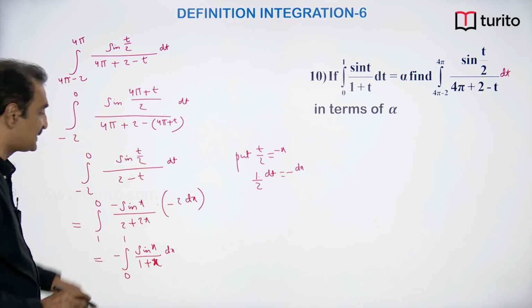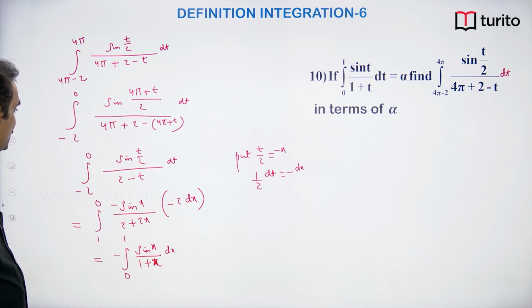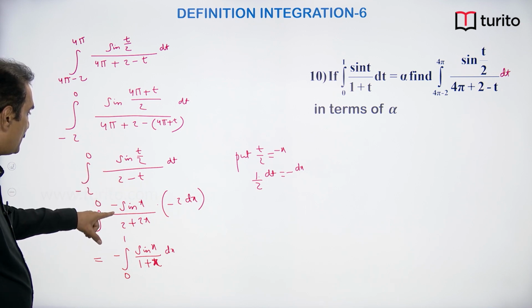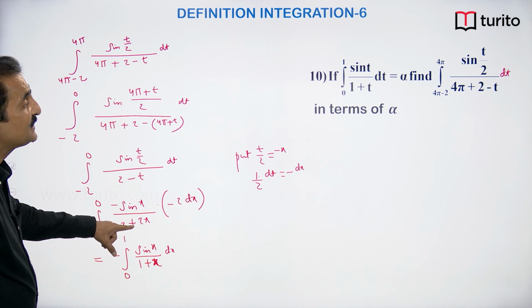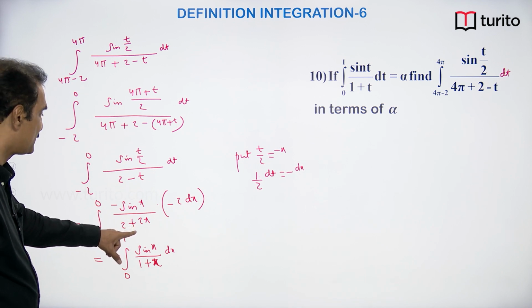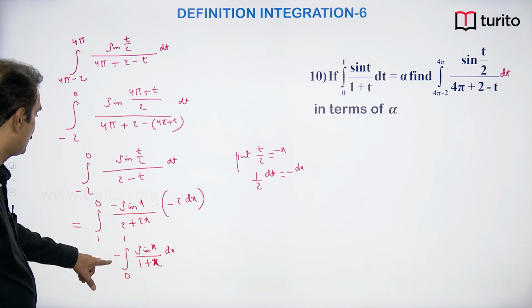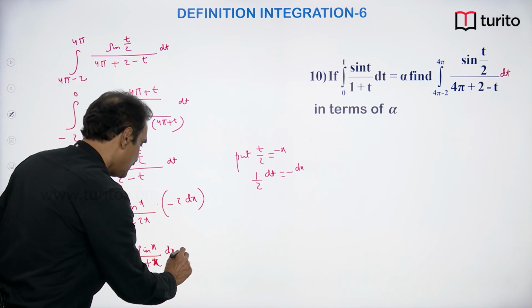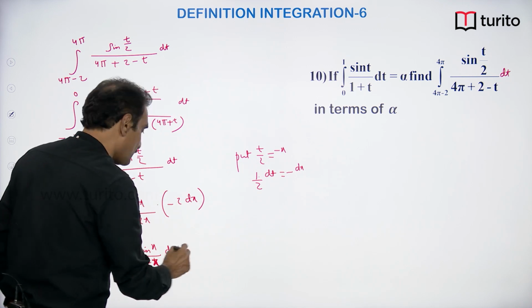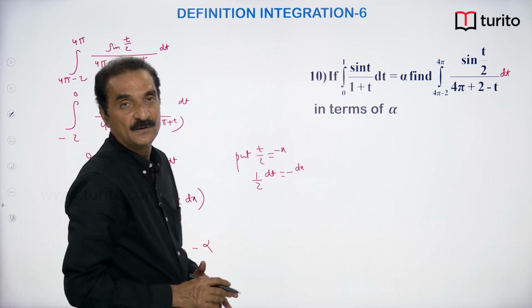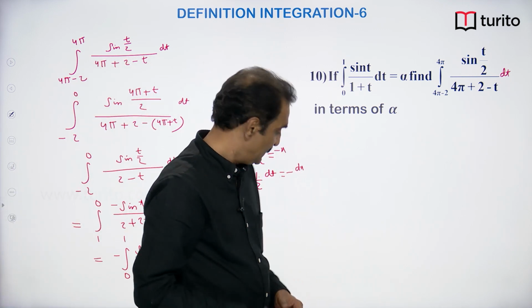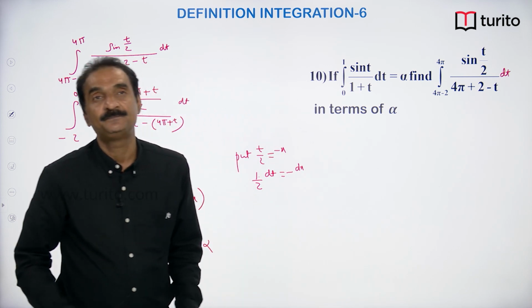But you will get minus sign. Check. Here you got minus sign. Here t is equal to minus 2x, so plus 2x. So check the calculation. If this is alpha, this is what? Minus alpha. So final answer is minus alpha. Next question.